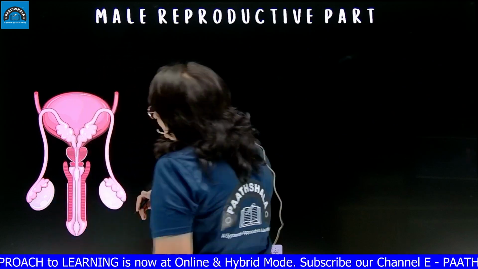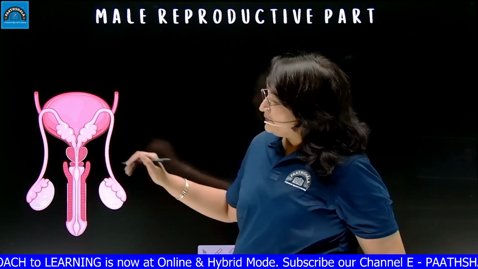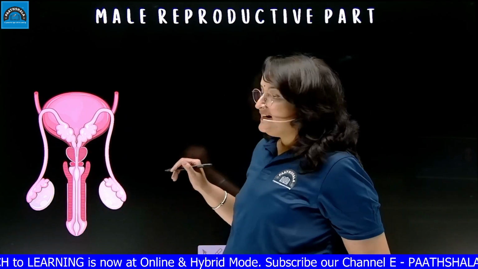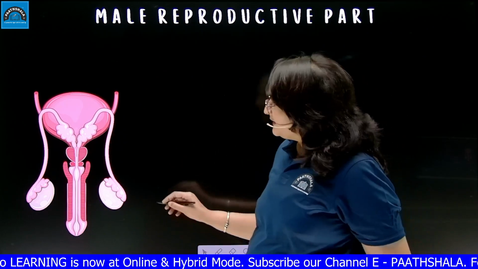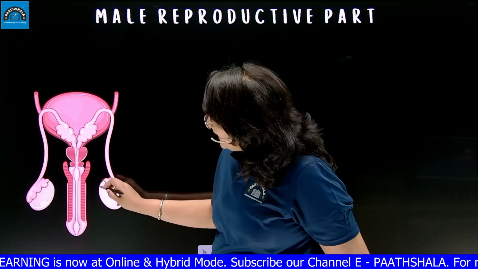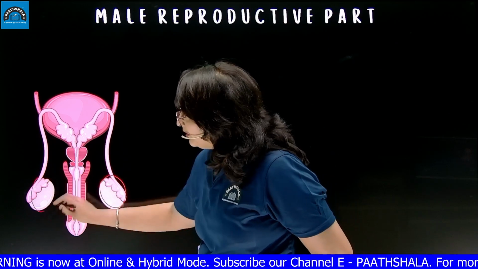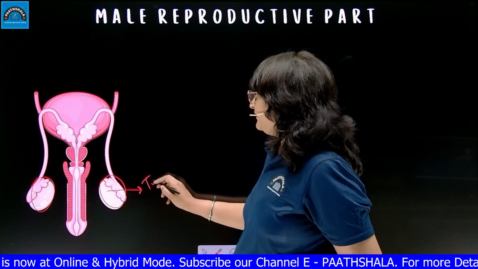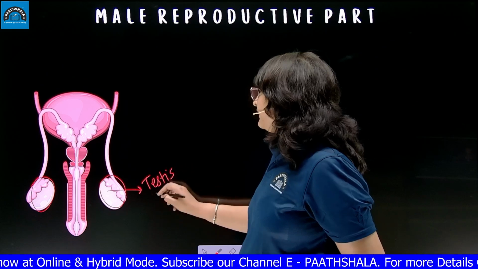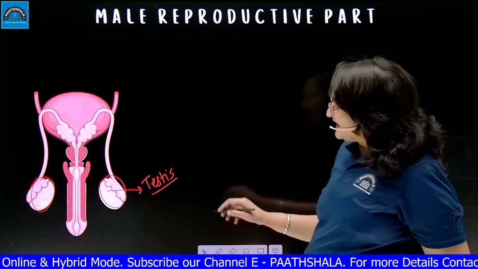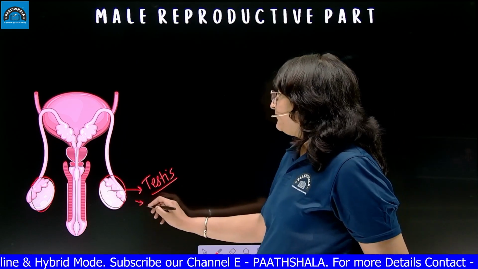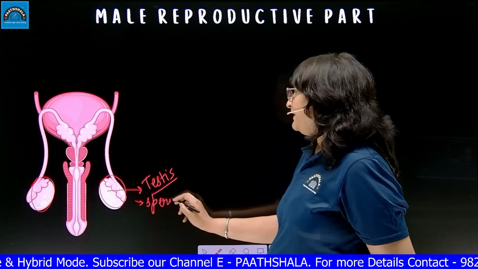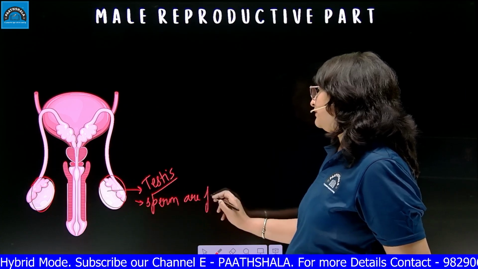As you can see in this picture, in the male reproductive system there is a pair of ball-like structures known as testes. The main reproductive part in the male reproductive system is the testis. Testis is the place where sperm, the male gamete, are formed.